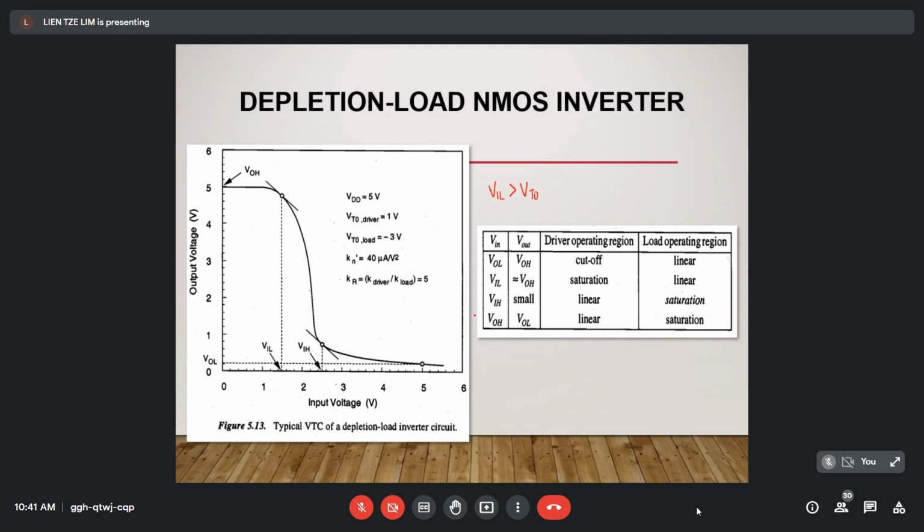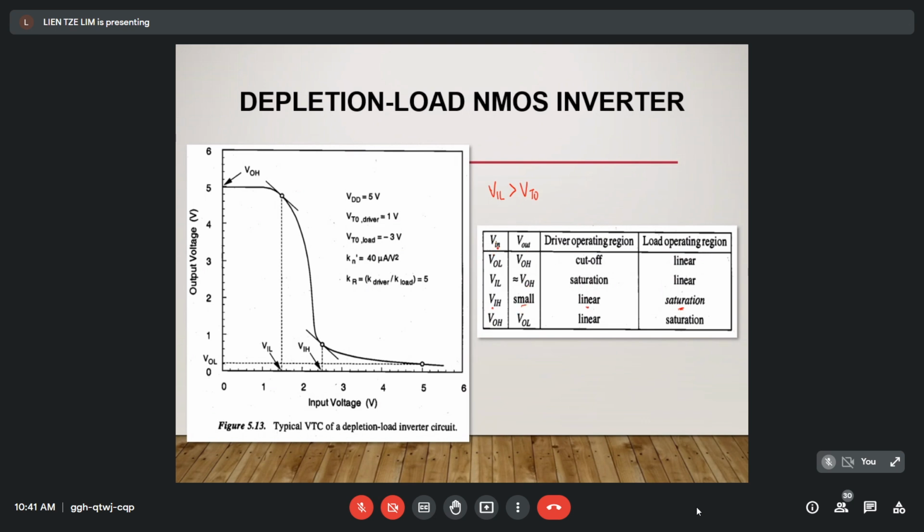When the input is increased to the input high voltage, the driver will operate in linear and the load operating region will be saturated, and the output here is small.